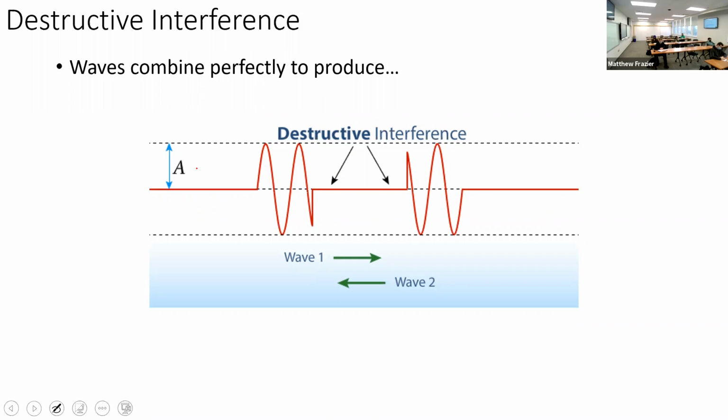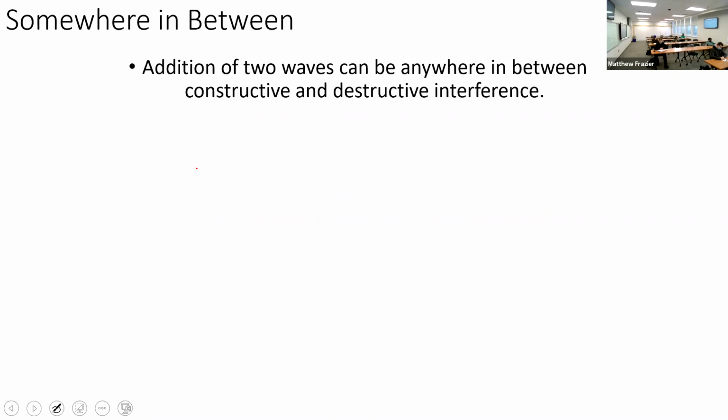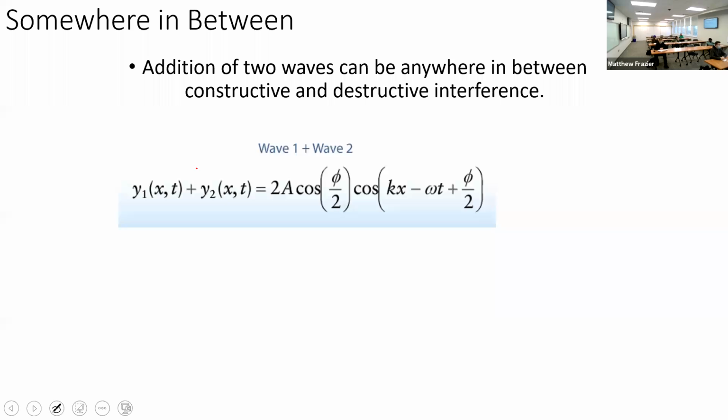If they partially overlap, you only get partial interference, and the remaining part that doesn't overlap stays just fine.